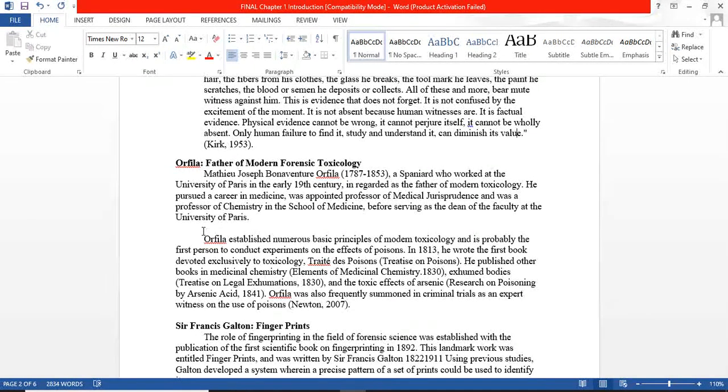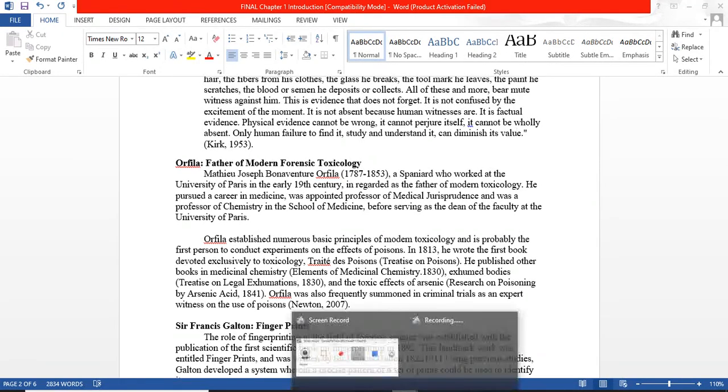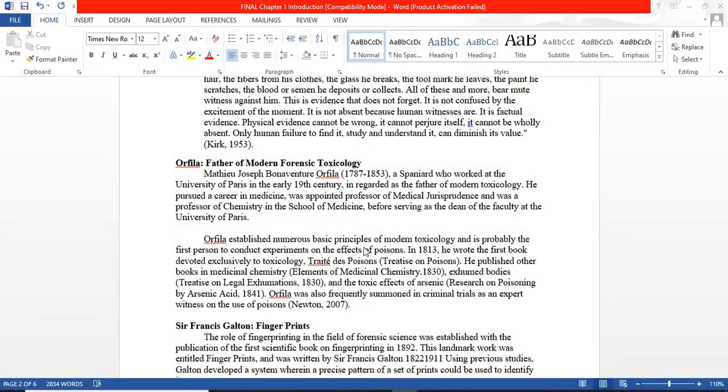He established on the book in medical chemistry, okay, or elements of medical chemistry. Exhumed bodies, Thursday on legal exhumations, and toxic effects of arsenic, research on poisoning by arsenic acid in 1841. Orfila was also frequently summoned in criminal trials as an expert witness on the use of poisons.